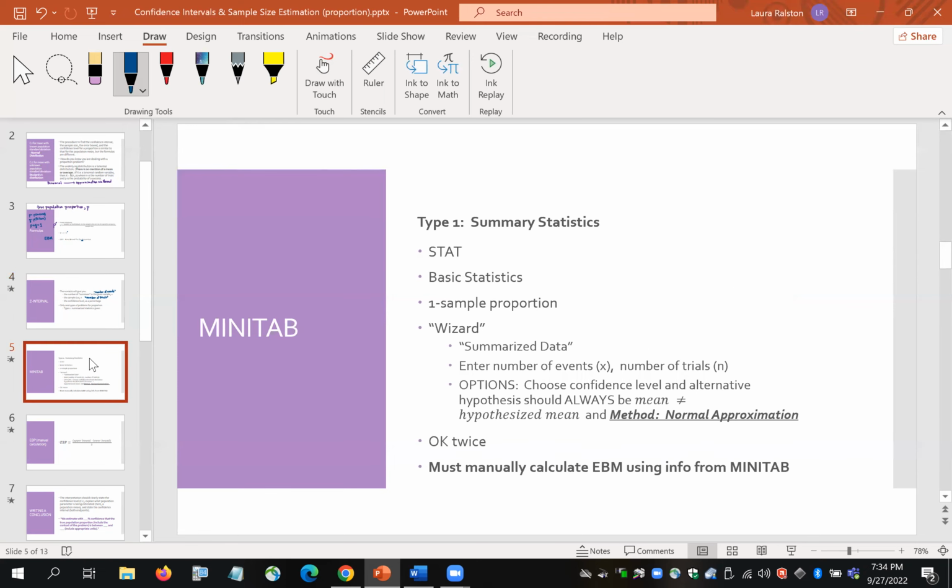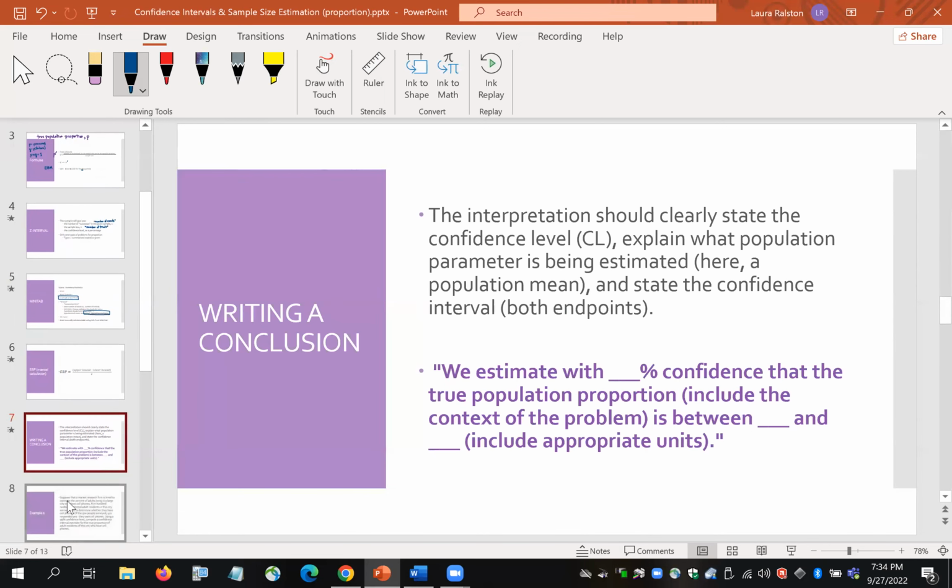Okay, then you have again your Minitab steps. Again, the primary difference here is that you're going to choose one sample proportion, and then you also have to indicate that we're doing a normal approximation. It's one little extra step there. Conclusion is written in the same format.